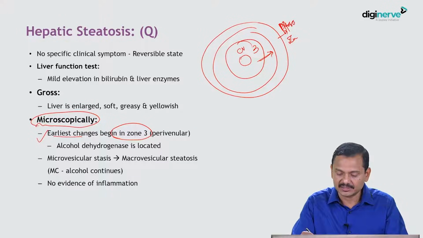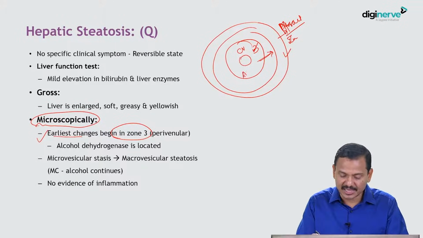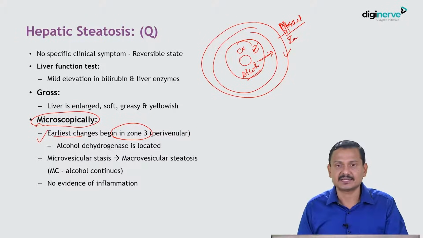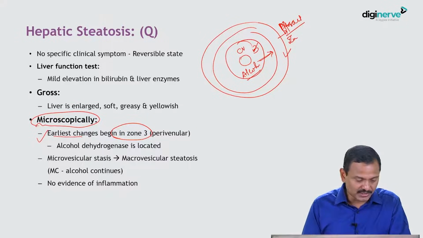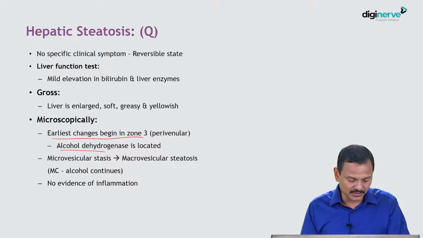So zone 1 is more perfused, whereas zone 3 is less perfused, but alcohol dehydrogenase enzyme is more in zone 3 and less in zone 1. Okay, so the earliest change will come in zone 3, and that is because alcohol dehydrogenase is located there.